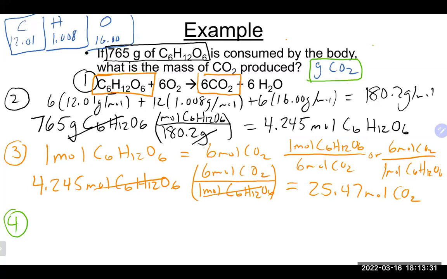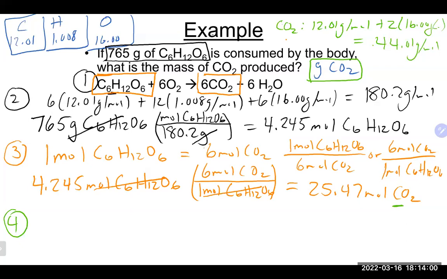We have now converted over to CO2, so we need to go back to the periodic table and get the molar mass for CO2, which is 12.01 for the carbon plus 2 times 16 for the oxygen, giving us 44.01 as our molar mass for CO2.